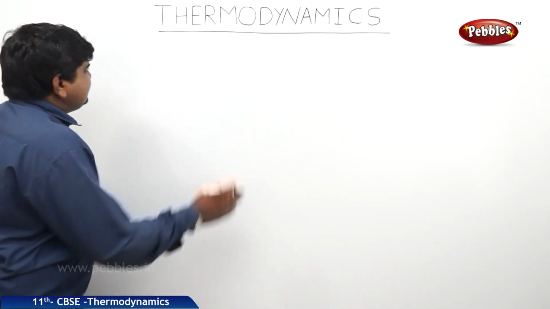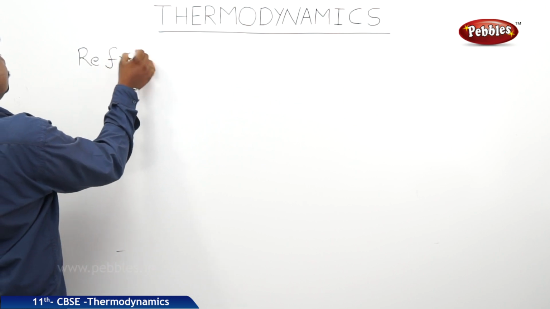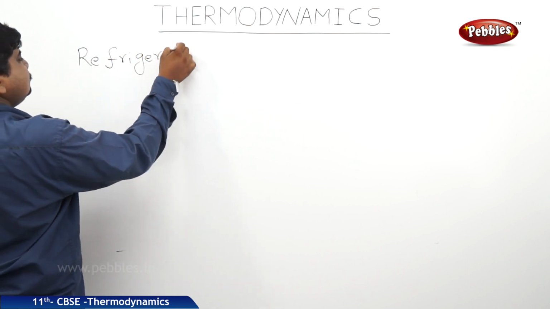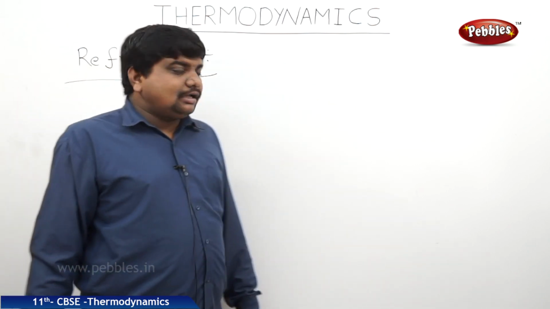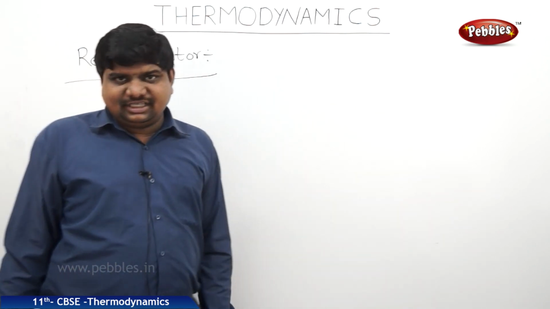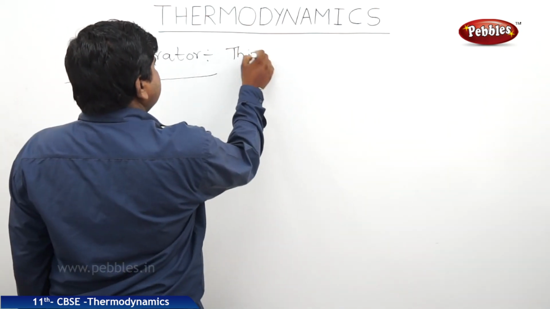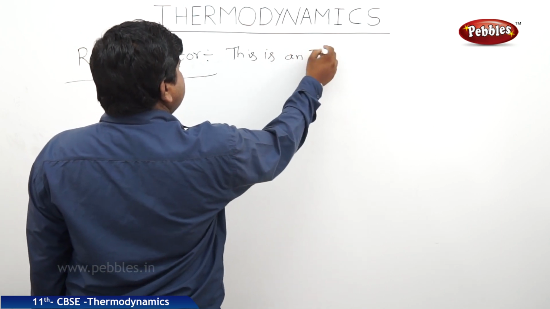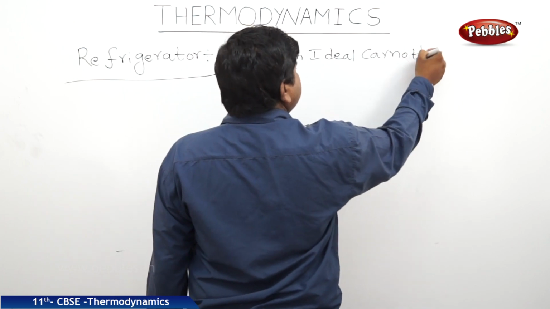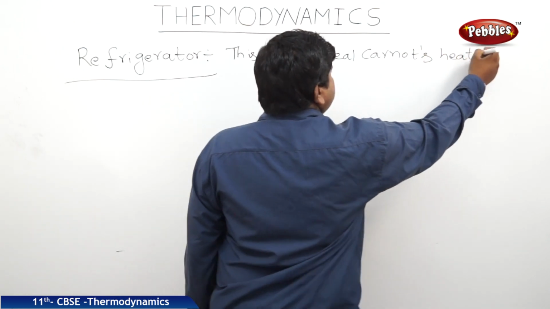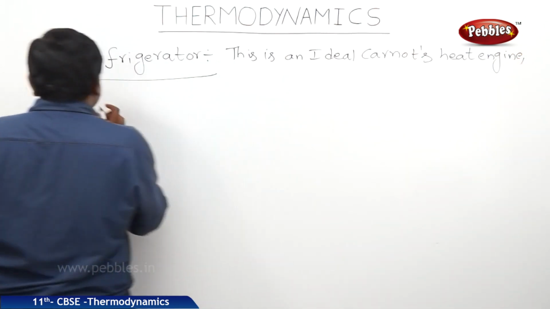The next one we are discussing is a refrigerator. This refrigerator is also an ideal Carnot heat engine which works in reverse order.